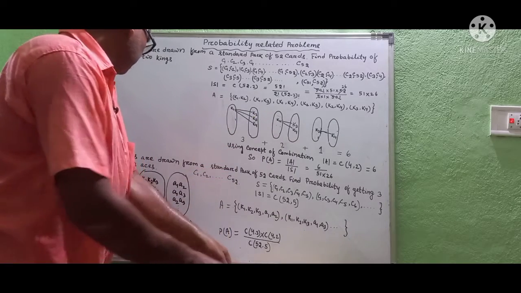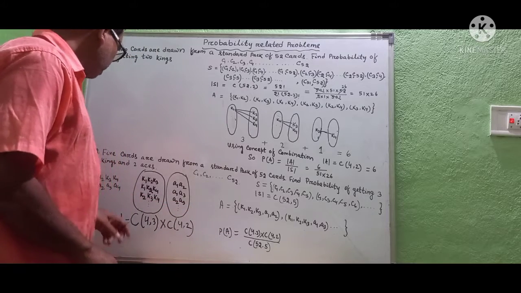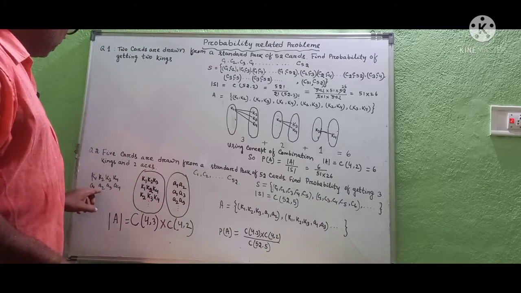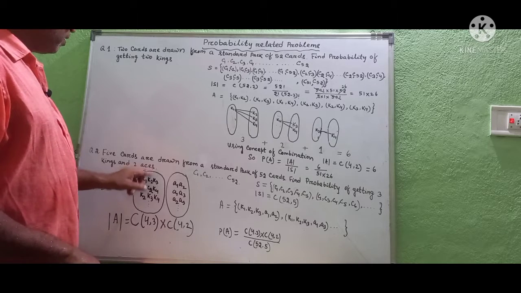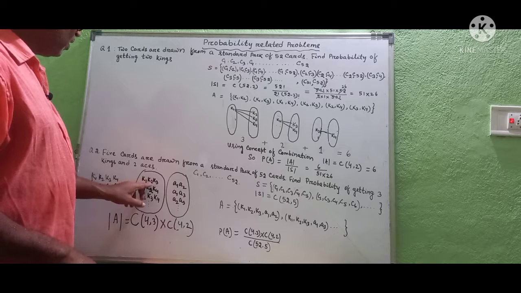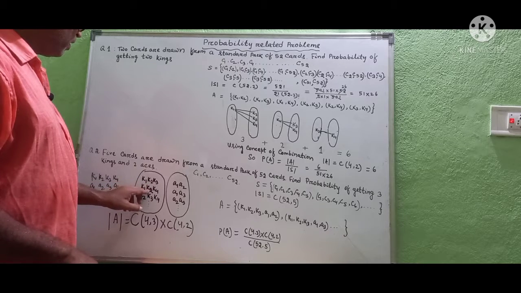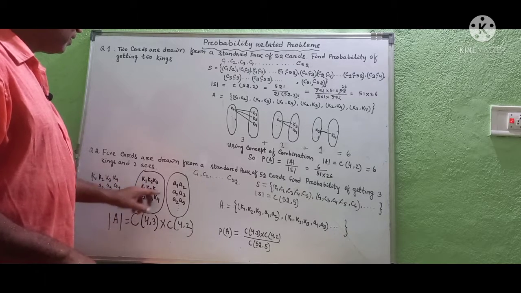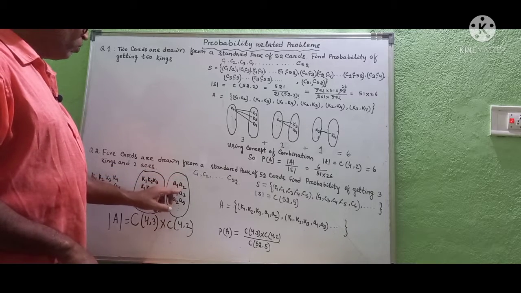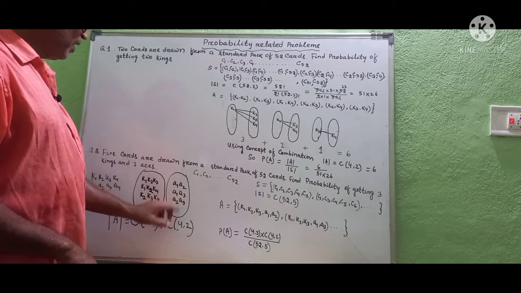Similarly, you can repeat. Here you see K1, K2, K3, K4, A1, A2, A3, A4. The combination will be like this: K1 K2 K3, K1 K2 K4, like this. For aces: A1 A2, A1 A3, A2 A3, like this.